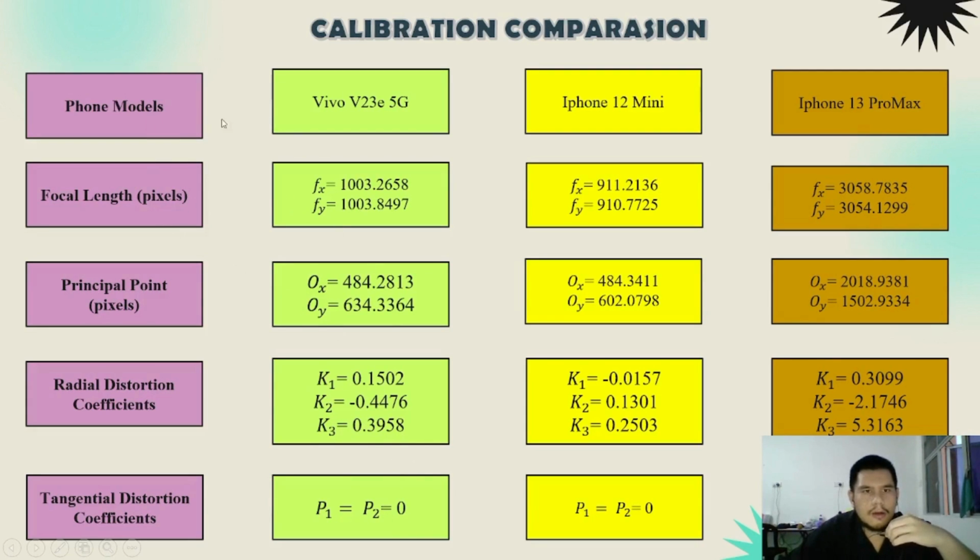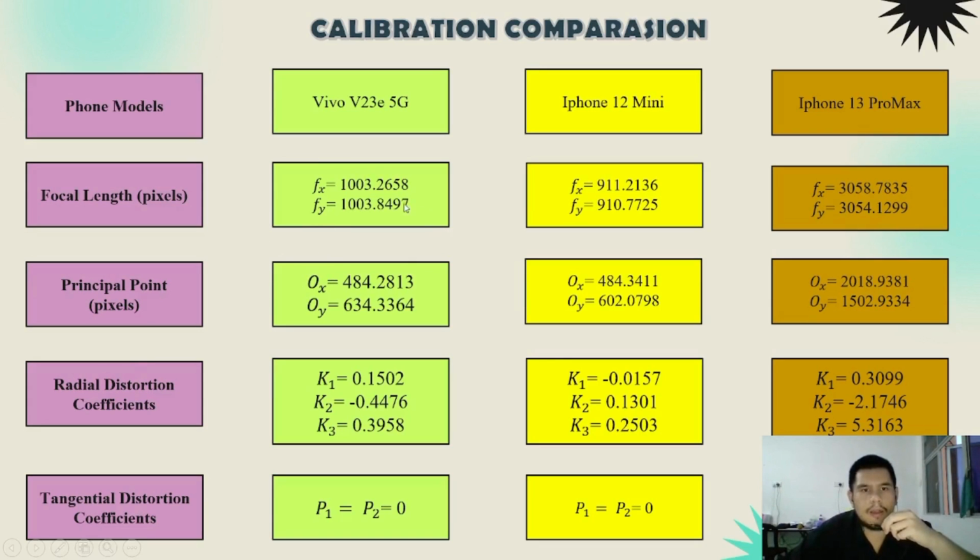So all the phones have different values for focal length, principal point and radial distortion coefficients. Different phones have different characteristics, different cameras, and the lenses have different specs.